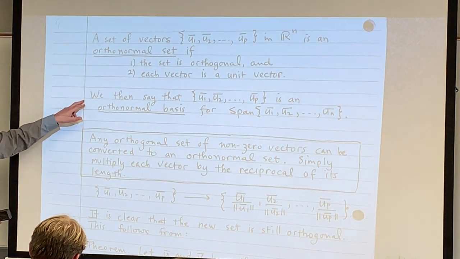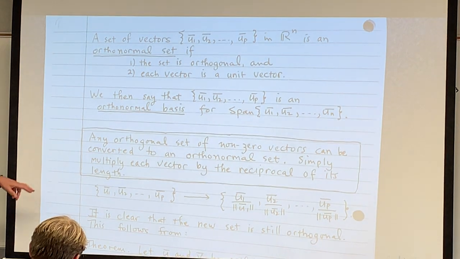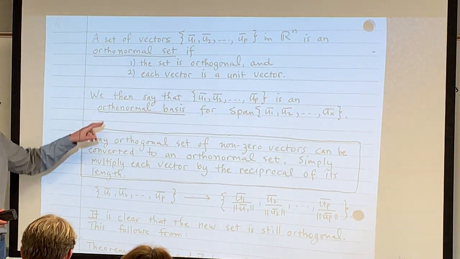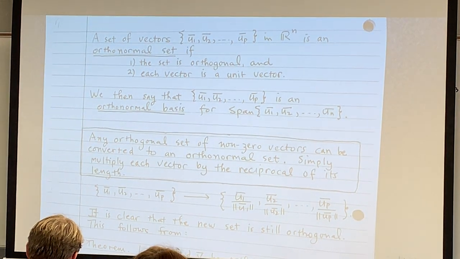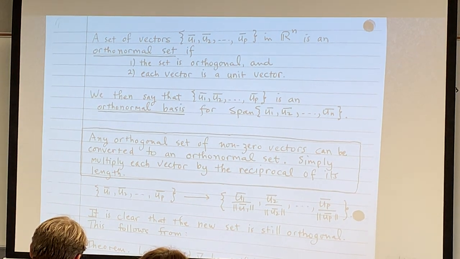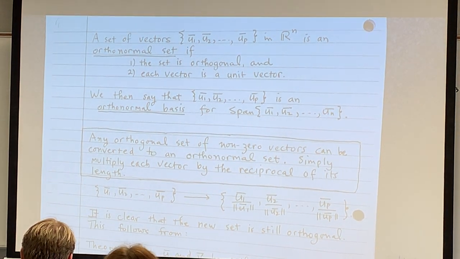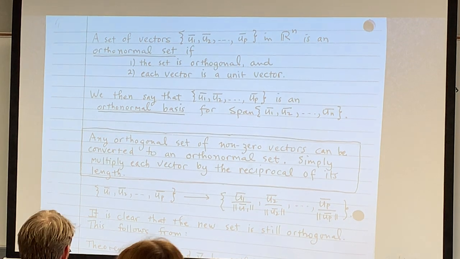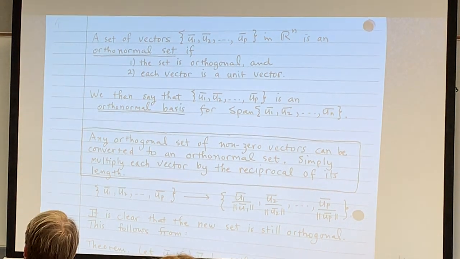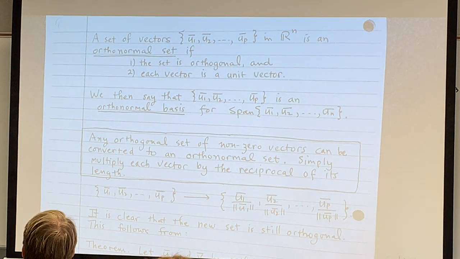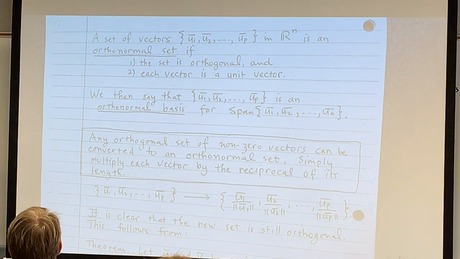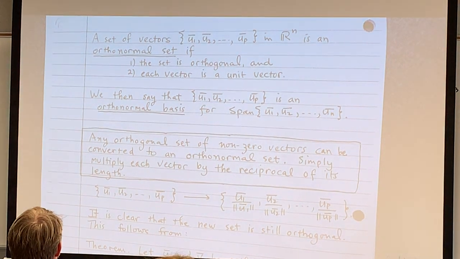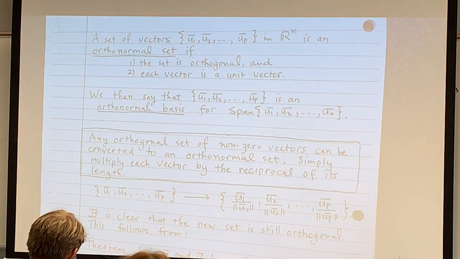So in that case, we say that u1 through up is an orthonormal basis. What's the most famous orthonormal basis of R3? i, j, k, the standard basis. So any standard basis of Rn is already an orthonormal basis.